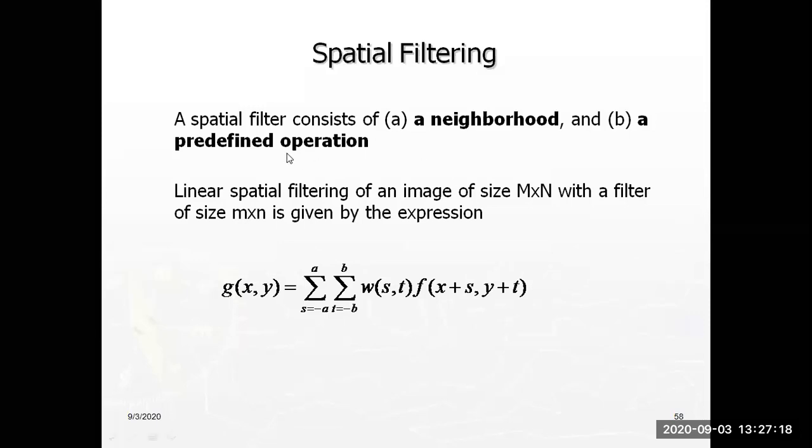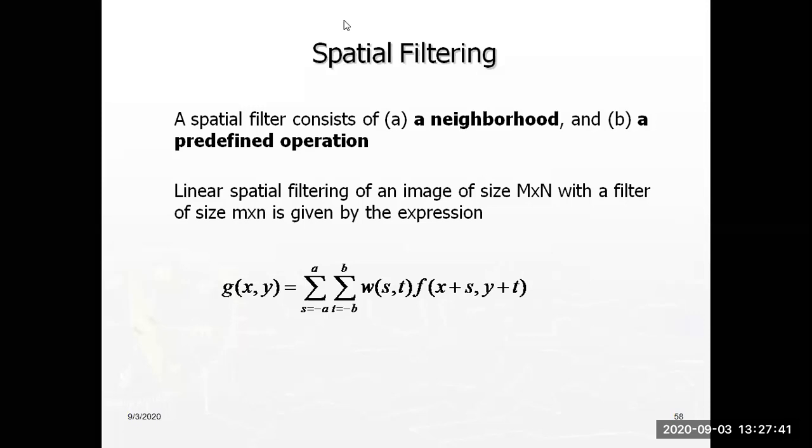A spatial filter generally consists of two parts: a neighborhood and a predefined operation. A predefined operation means the operation which we have to perform on the image, that is the expression. But before that we have to perform the neighborhood operation also. Then only it is called spatial filtering.